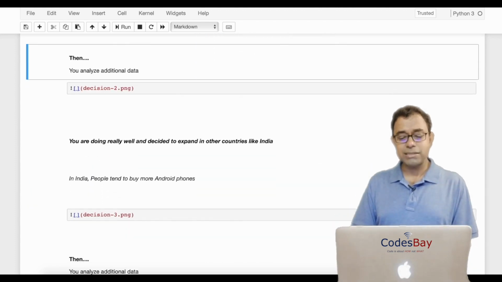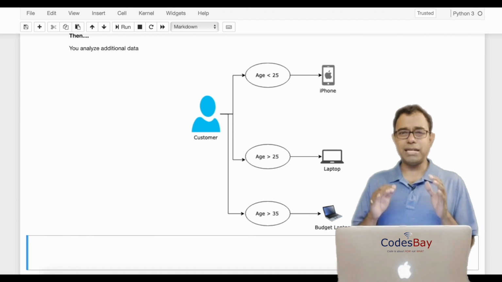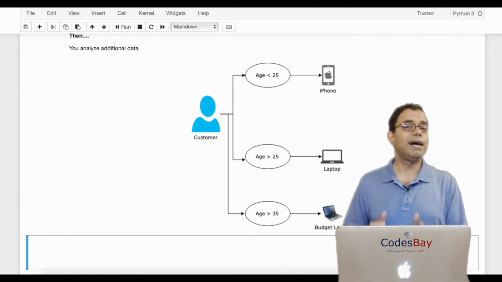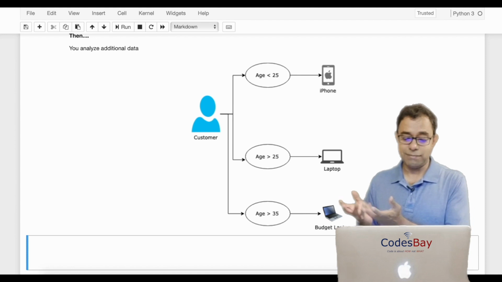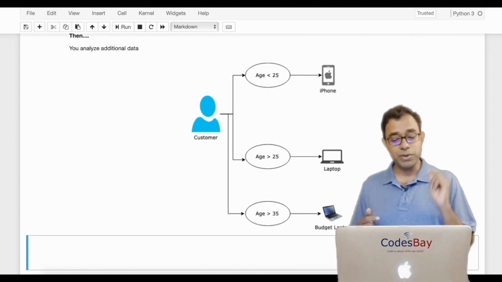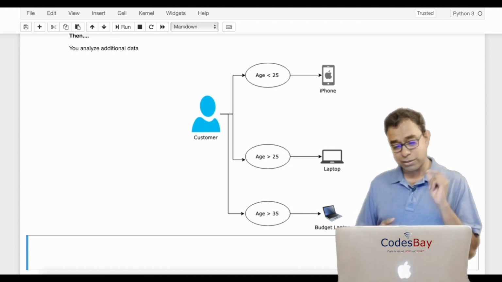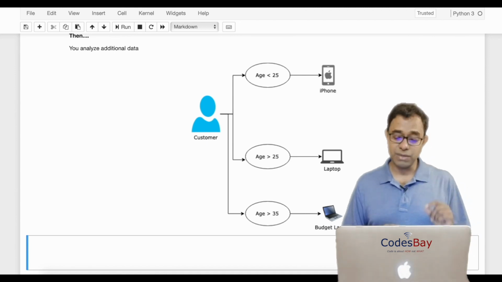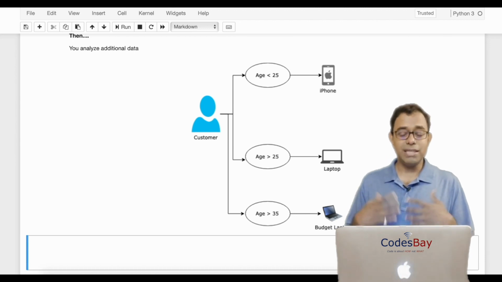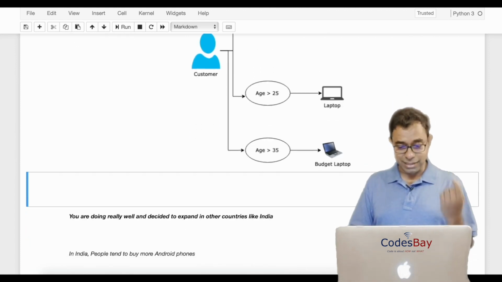After some days, you get some more data and you come to a conclusion that you have an additional customer base which is relatively older, more than 35 years of age. So you add one more condition stating that if your customer is greater than 35 years of age, you'll recommend a budget laptop, because they don't spend as extravagantly as the young population. Fine, you go ahead and do that.